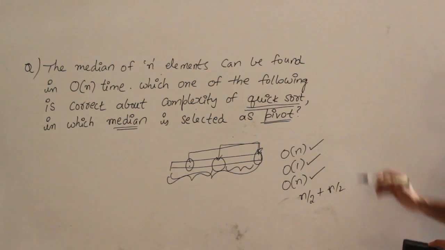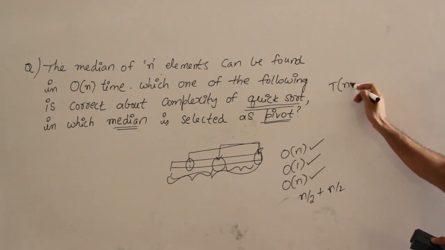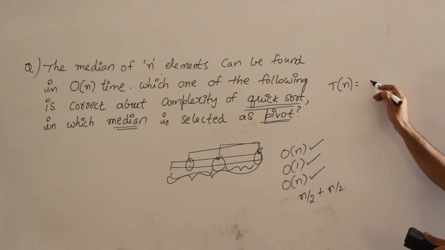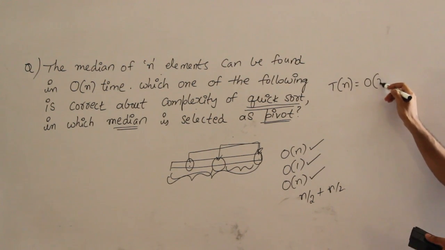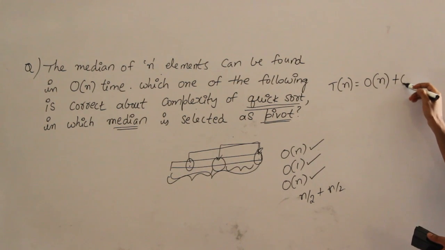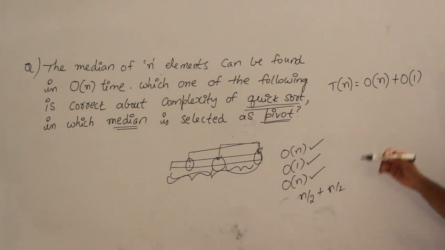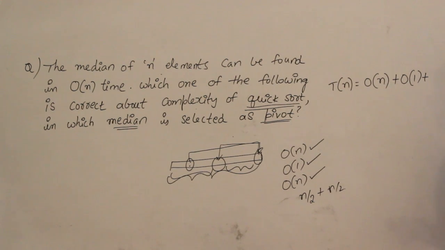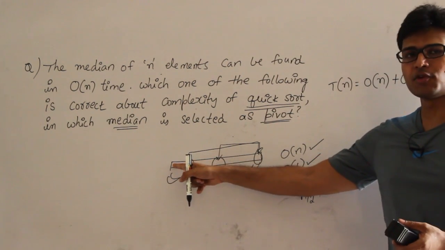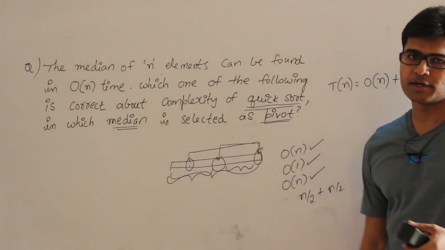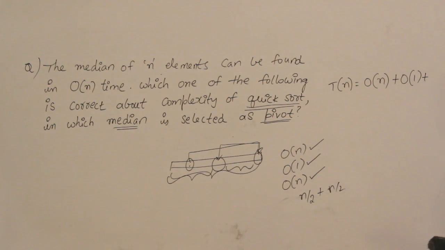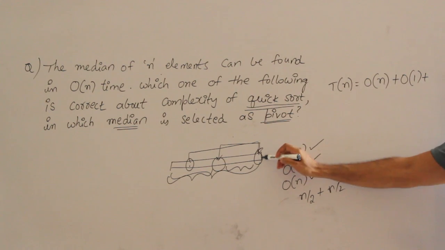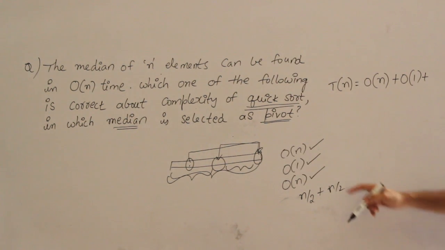So if I have to sort n elements, I find the median in order of n time, replace the median with the last element, and call the partitioning algorithm. I replace the median with the last element because our partition algorithm chooses the last element as the pivot. If your partition algorithm chooses the first element as the pivot, then you replace the median with the first element. That depends on what your algorithm is. My partition algorithm chooses the last element as the pivot, which is why I am placing it at the end.